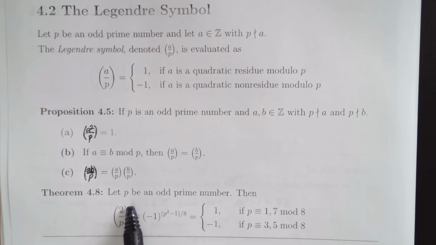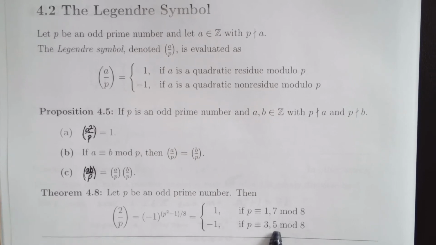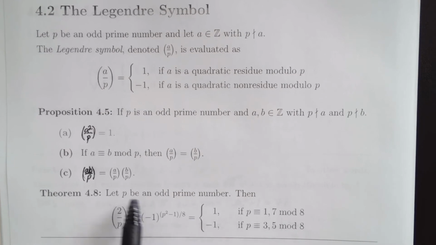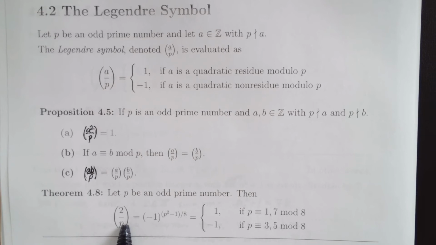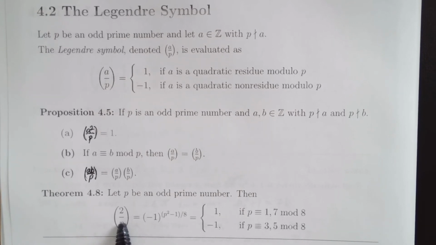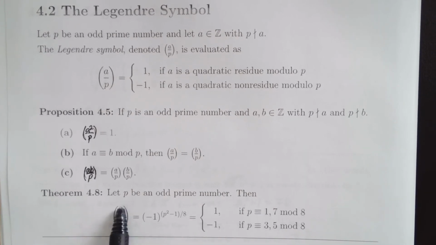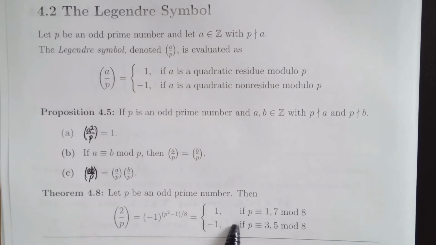However, if I had 5, where 5 is a remainder of 5 on division by 8, then 2 is not a quadratic residue modulo 5. And in fact, if I think of P as being 13, 13 is 5 more than 8, so 2 is not a quadratic residue modulo 13, and that's based on theorem 4.8.